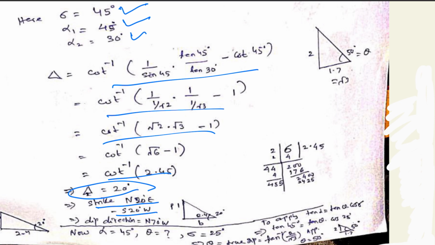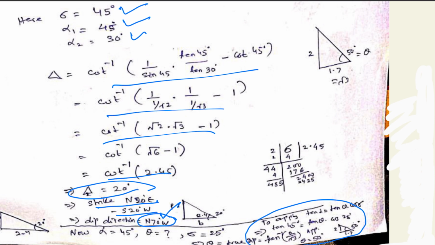And once we know the strike direction, we can find out the dip direction. So we know the angle between the dip direction and one strike direction. We know one apparent dip angle. We can get the true dip angle by following the previous formula.